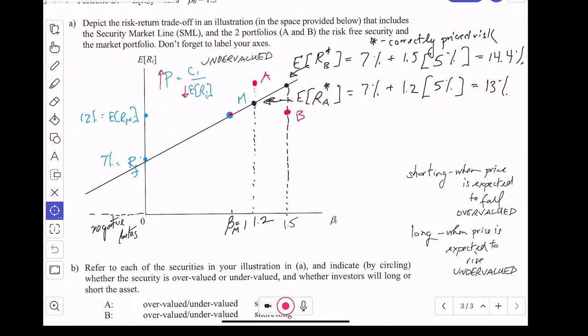So investing all they have and more into the market portfolio to put them here. So they can combine the risky assets and the riskless one to get here. Why would they invest in B? So they'll sell B to end up here if that's where they want to be.